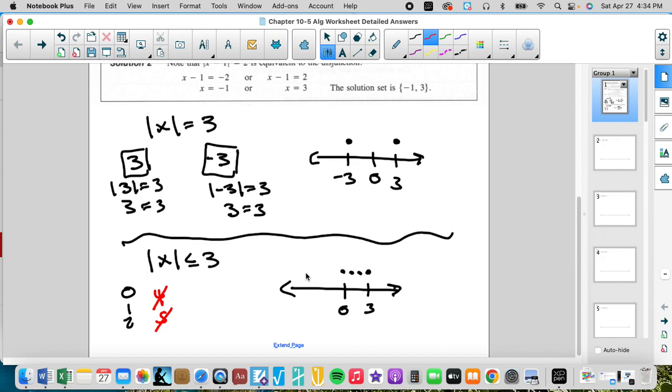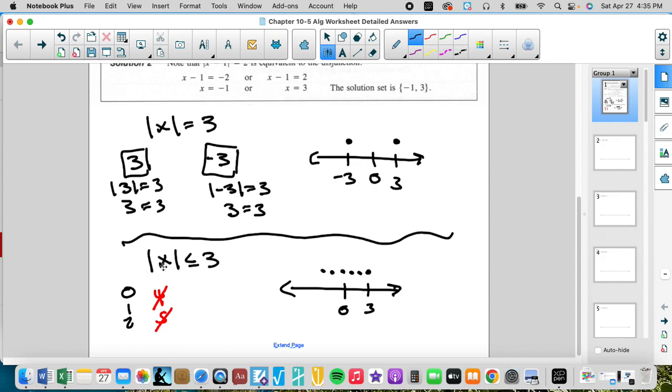Let's go back in the left direction. Let's try negative 1. The absolute value of negative 1 is 1, so negative 1 works. Negative 2, the absolute value is 2, and 2 is less, so negative 2 works.